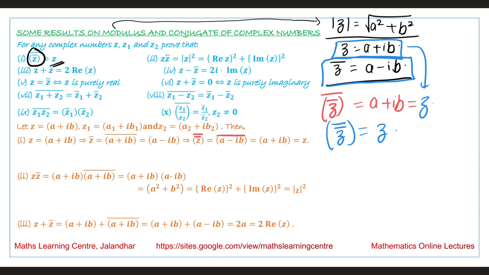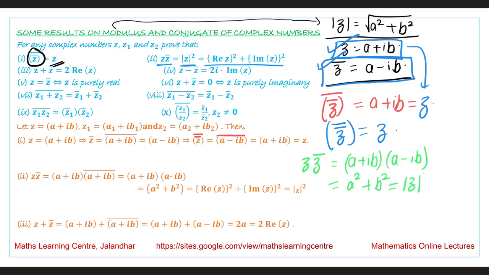The second thing to prove is that z into z bar is equal to mod of z square, and that is equal to real part of z square plus imaginary part of z square. We have the value of z and the value of z bar. If we multiply z with z bar, we get a plus iota b into a minus iota b, which is equal to a square plus b square, and this is equal to mod of z square.